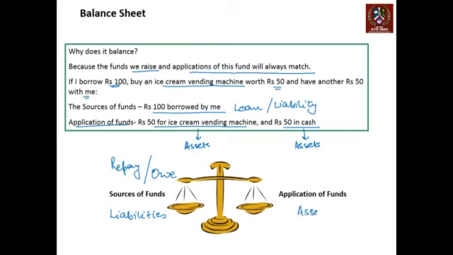So it gives me some assets which typically will generate business for me, right? We'll look at what kind of assets come here. That's essentially what we own, right? So liabilities and assets, sources of funds and application of funds, or what we owe and what we own, are one and the same way of looking at the balance sheet, right?